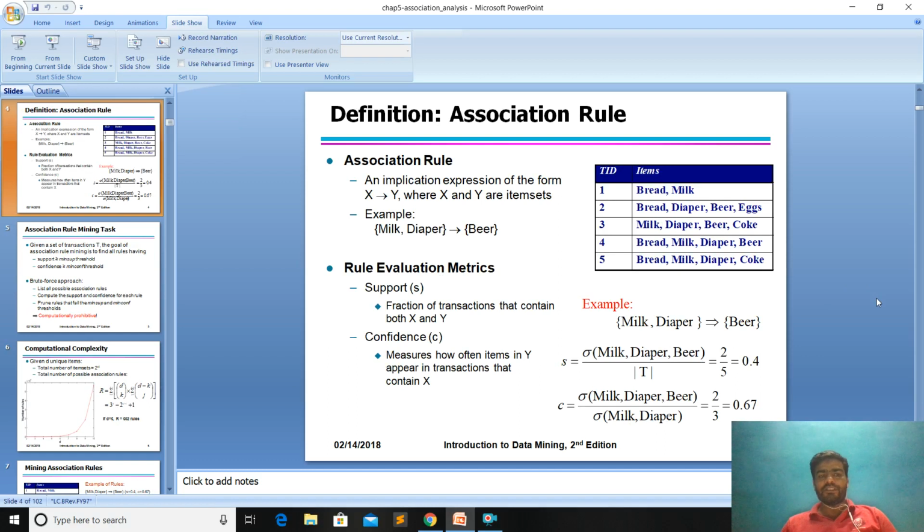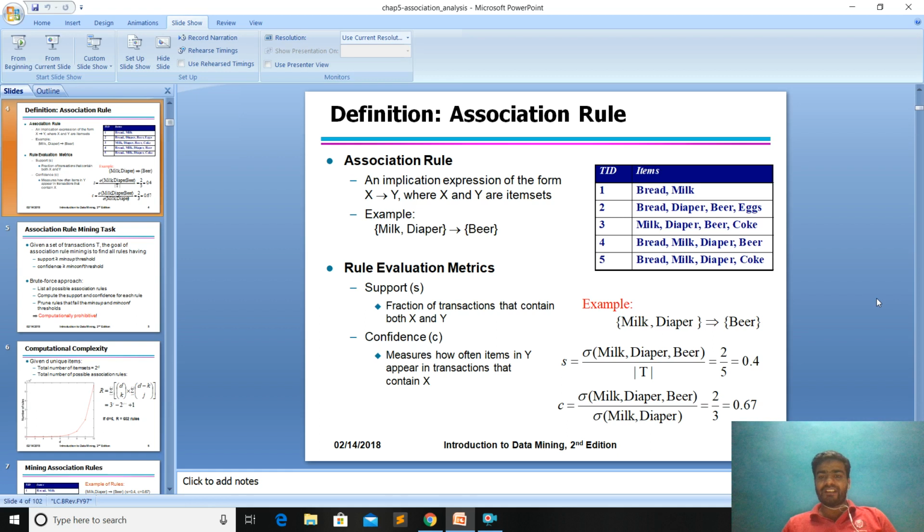Milk, diaper and beer has happened in 2 transactions and the total number of transactions is 5. 2 by 5 is 0.4. So 0.4, or 40%, is the support.